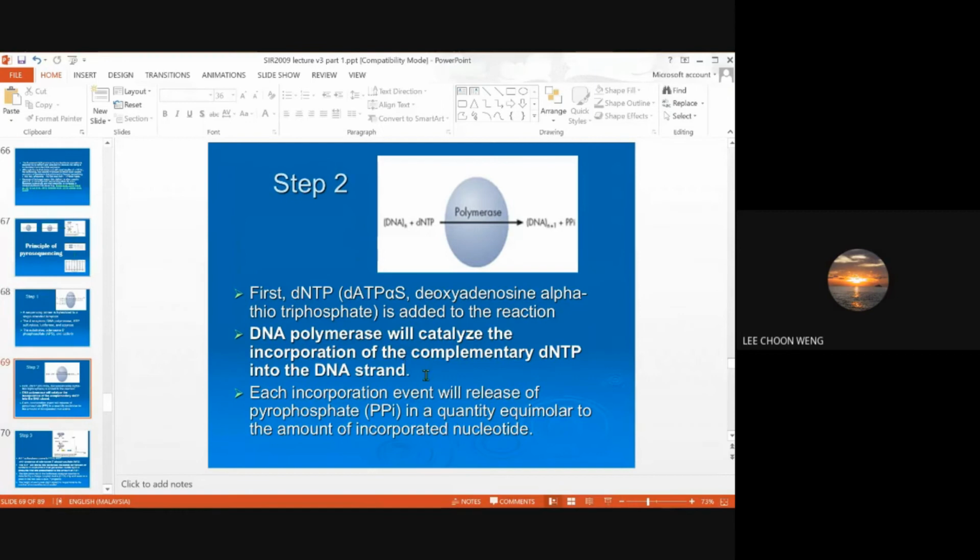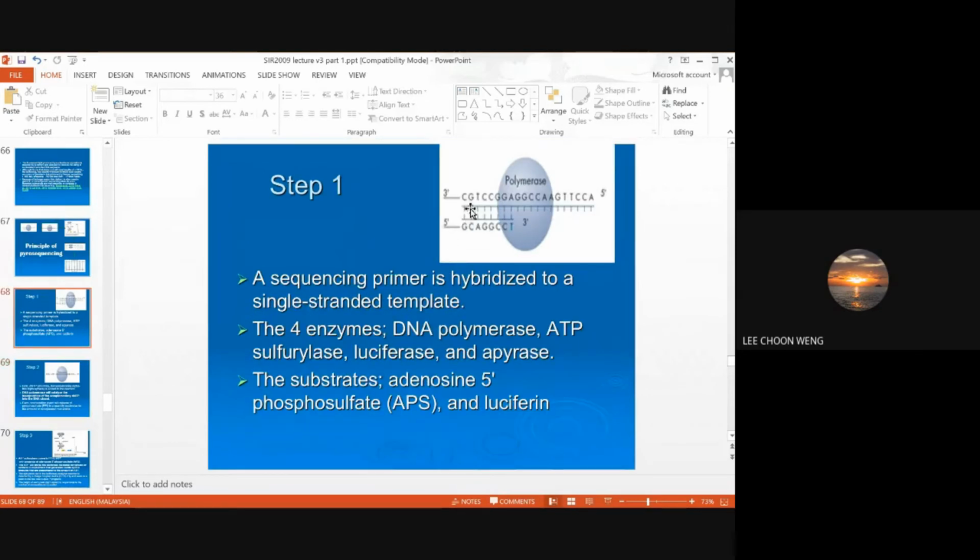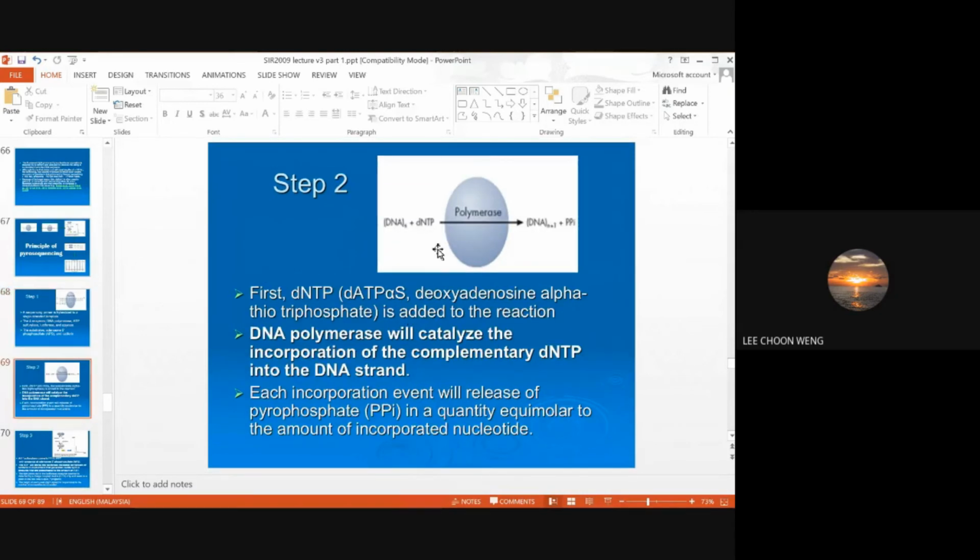Okay, so what happens first is, you have your polymerase here, then you add your nucleotide, dNTP, deoxynucleoside triphosphate, to the reaction. Let's just say the complementary sequence here will be your cytosine, CTP. If you add CTP to it, it will be incorporated by the polymerase.